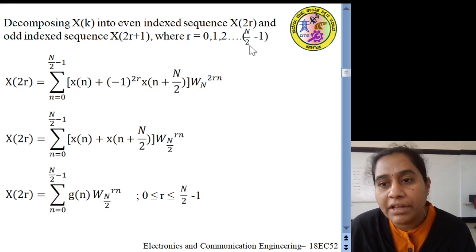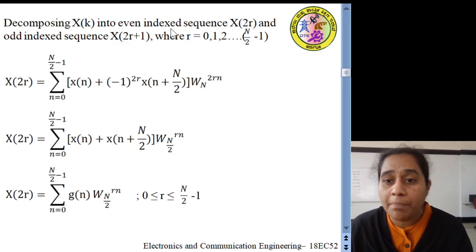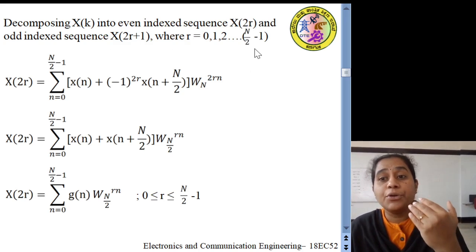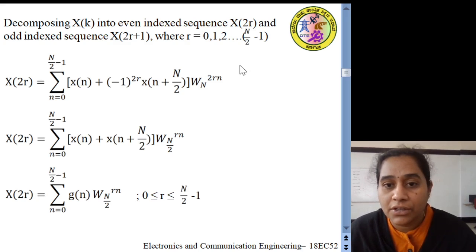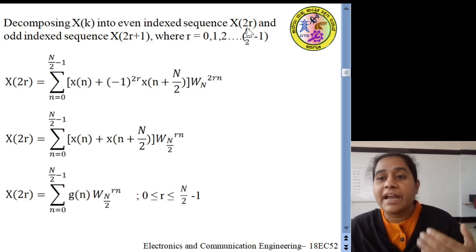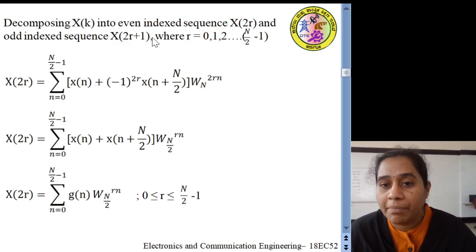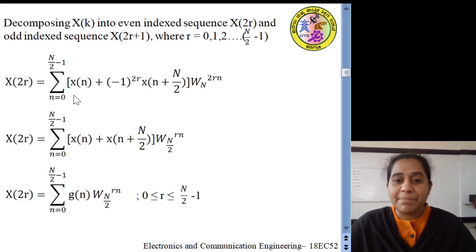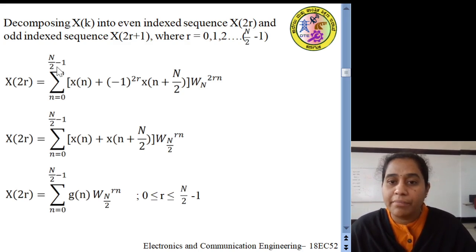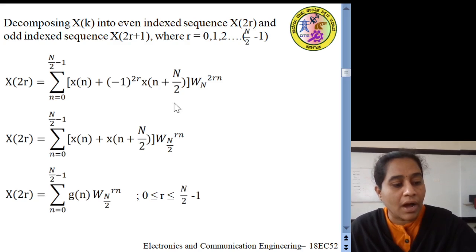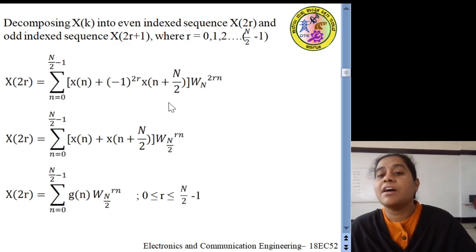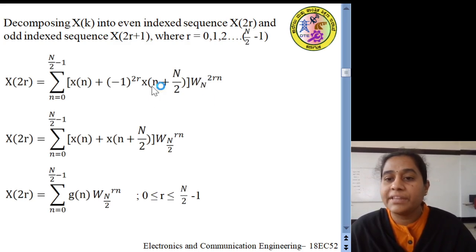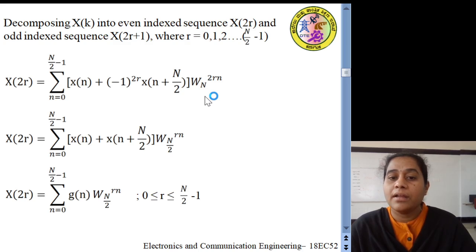So both X of 2r as well as X of 2r plus 1 have N by 2 samples. Writing X of 2r, we obtain summation n varying from 0 to N by 2 minus 1, x of n plus (-1) raised to the power of 2r into x of n plus N by 2, whole thing multiplied by WN raised to the power of 2rn.